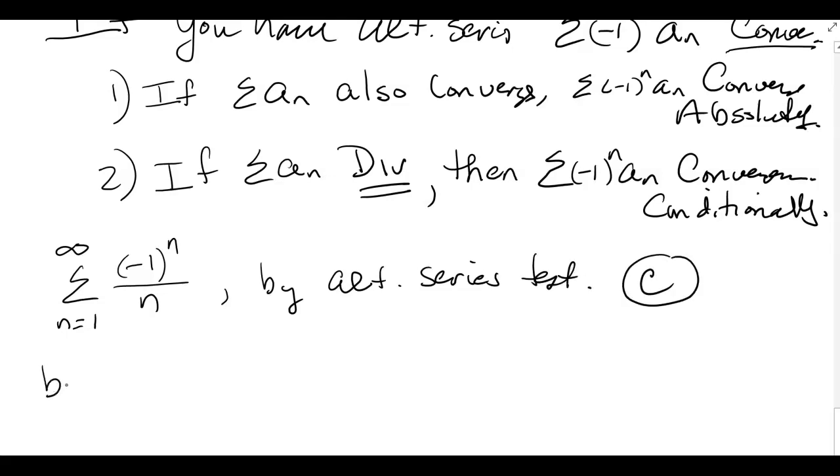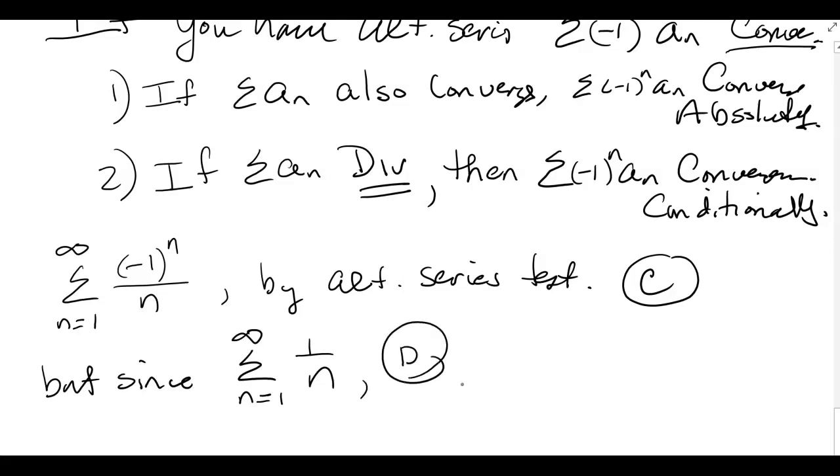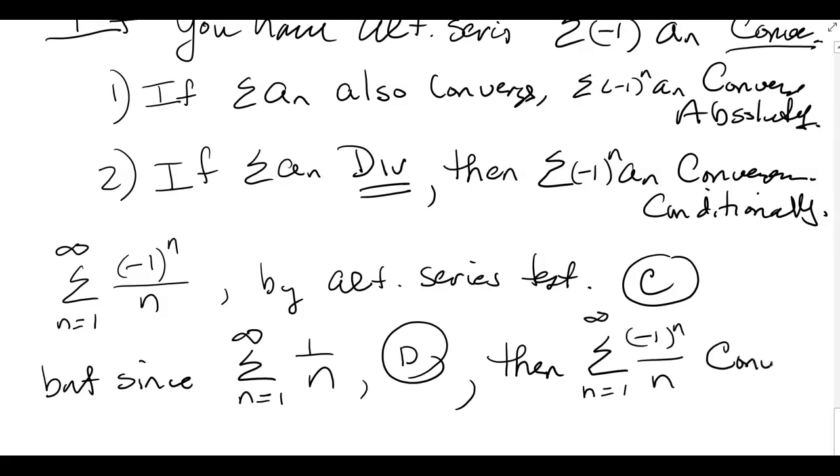But since the summation from n equals 1 to infinity of just 1 over n, which we all know is the harmonic series, we already know this series diverges, then our original series converges conditionally.